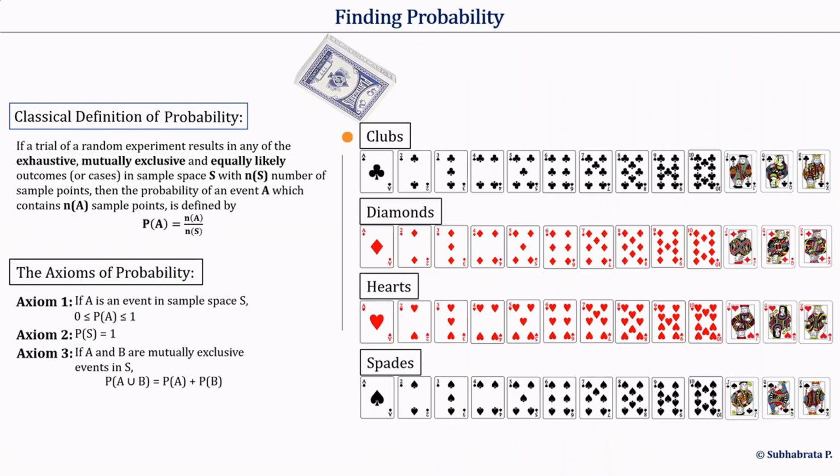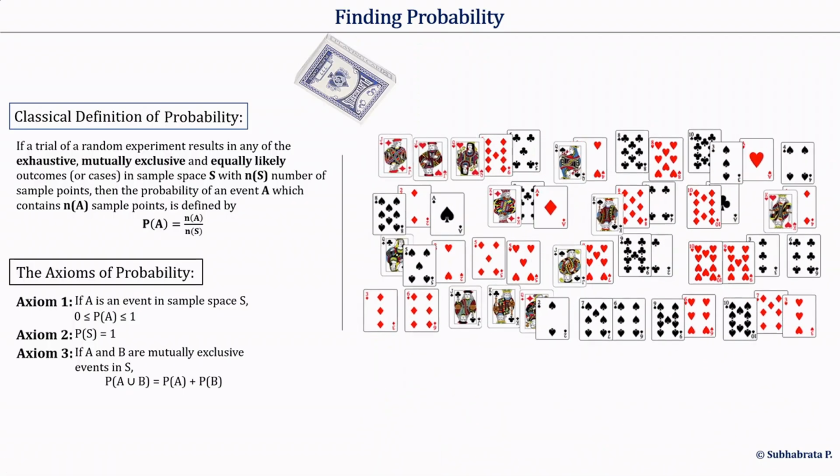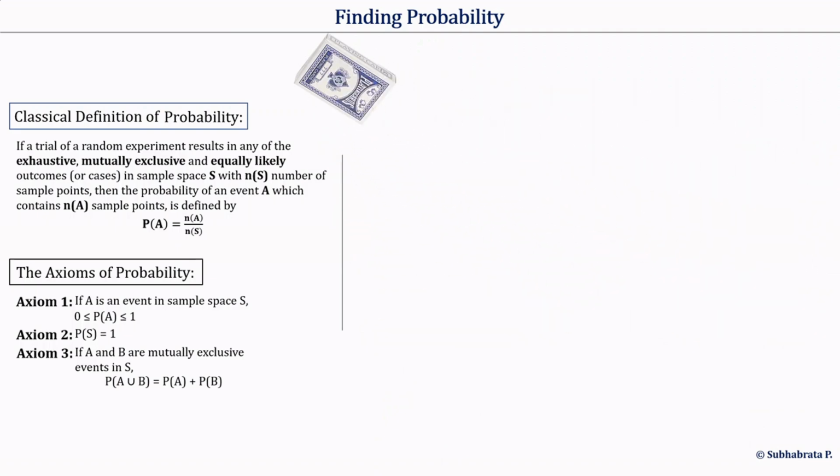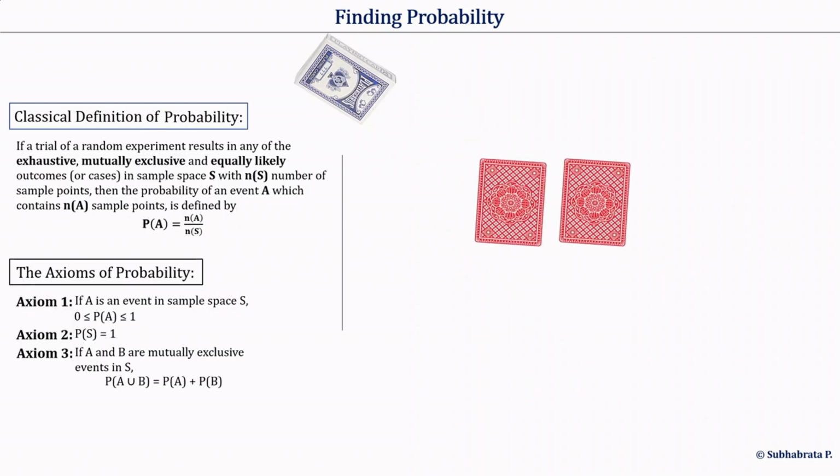Each of these suits has 13 different cards with specific values: ace, 2, 3, this way till jack, queen, king. Now suppose from this well shuffled deck of 52 cards, we draw 2 cards.